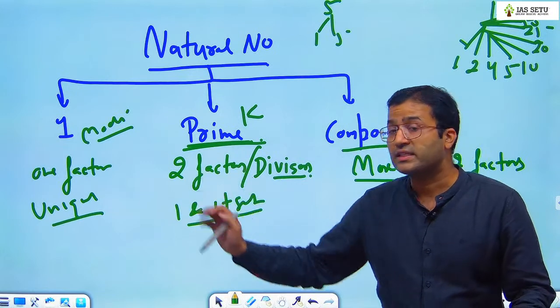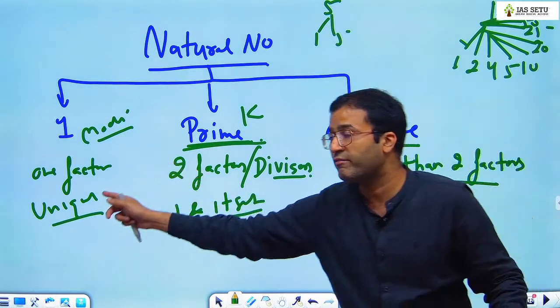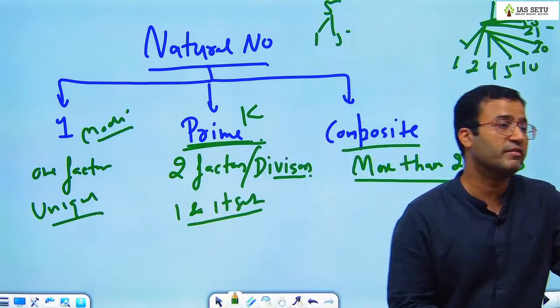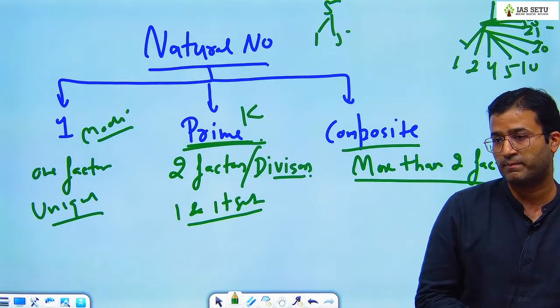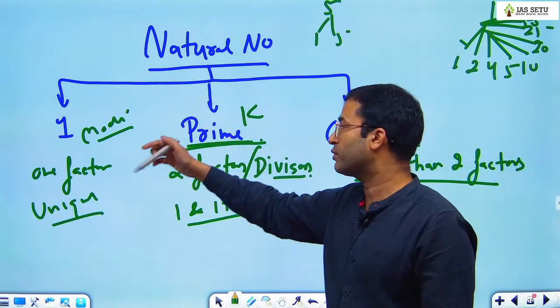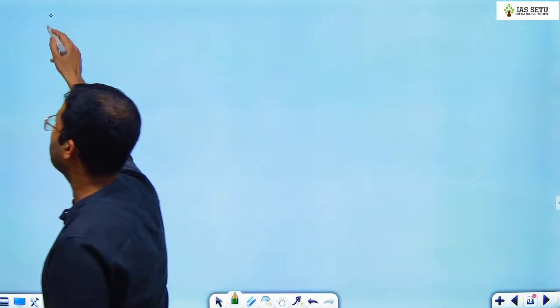तो पॉइंट इज कैटेगराइजेशन का बेस क्या है? फैक्टर्स. One has only one factor, prime number has exactly two factors, composite number has more than two factors. So I give you some properties of prime numbers. Actually you put the heading prime number.